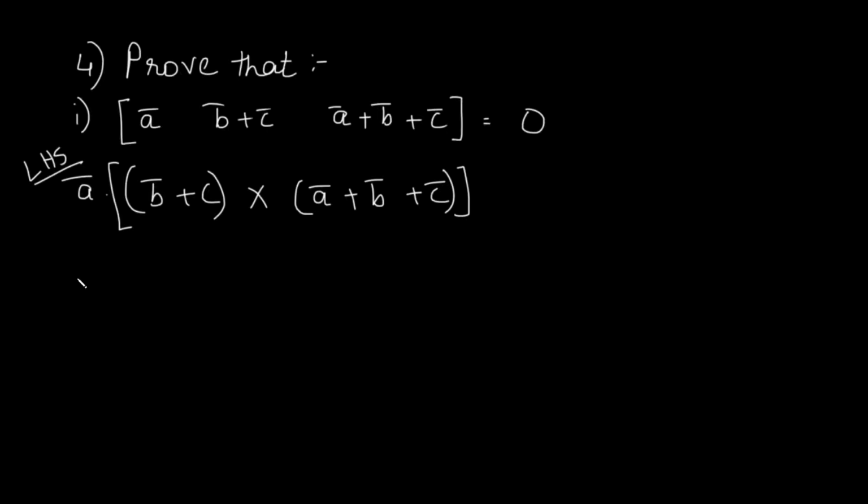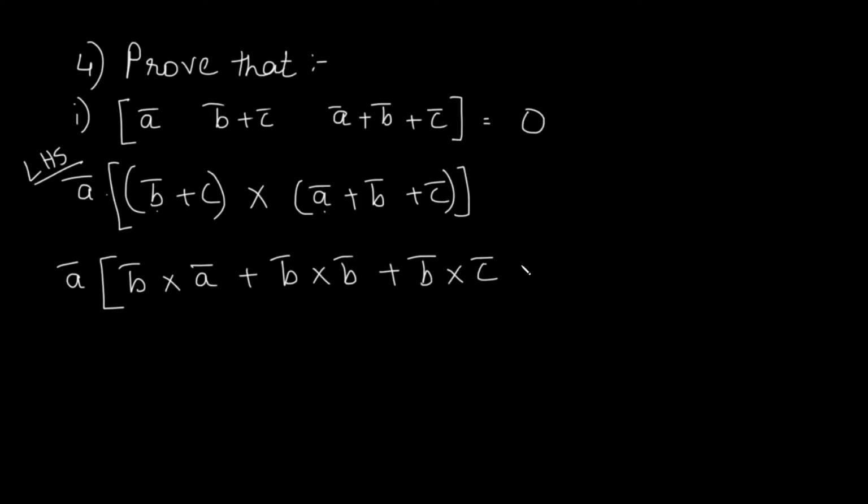Then in the square bracket, we solve it further by writing B cross A plus B plus C, that is B cross A, plus B cross B, plus B cross C, plus C cross A, plus C cross B, plus C cross C.